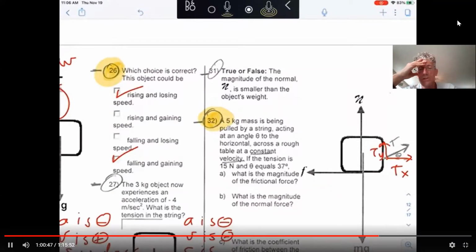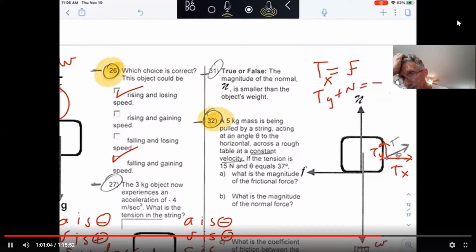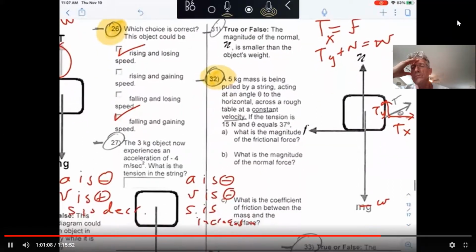So that's what I'm going to do right now. Tx equals, oh, and it's in equilibrium at constant velocity. That means that horizontal forces equal each other. Ty plus N, the total force going upward, has to equal the force going downward.